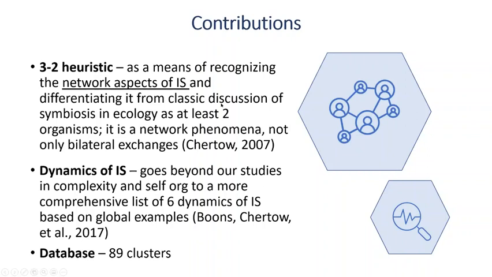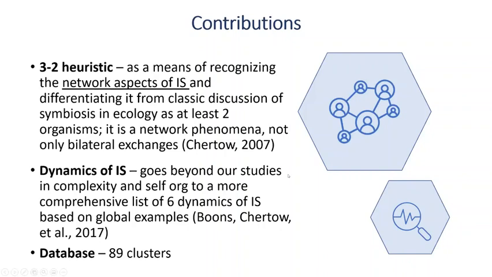In ecology, symbiosis is at least two organisms, right? But we say in order to be recognized as a symbiosis cluster, you need to have 3 materials and at least 2 companies, because what we really want to project is how this network can grow. So that's a contribution that we've made in many of our conferences.